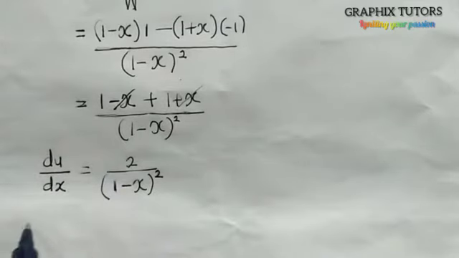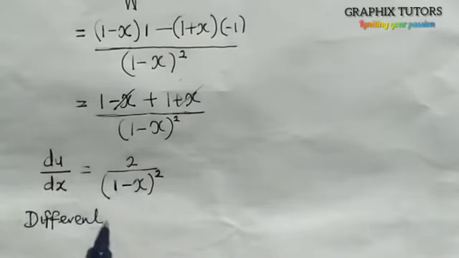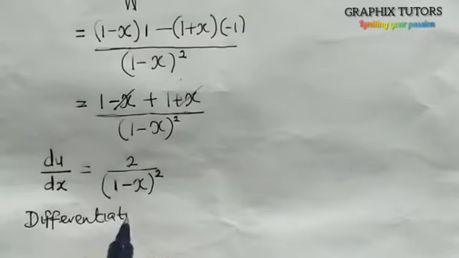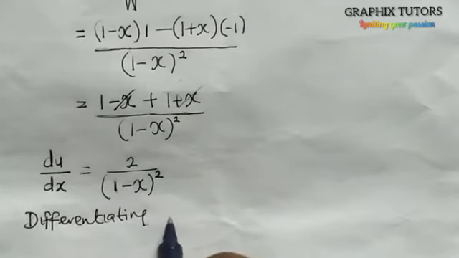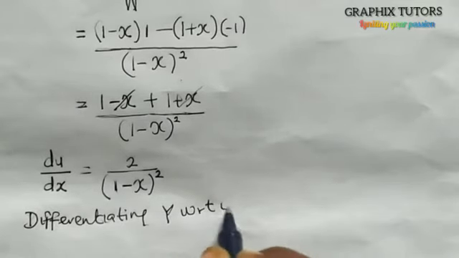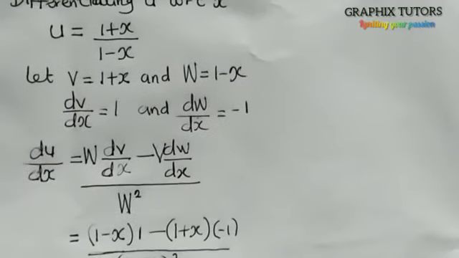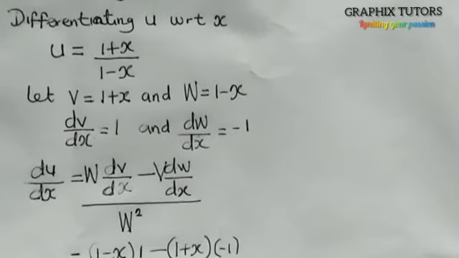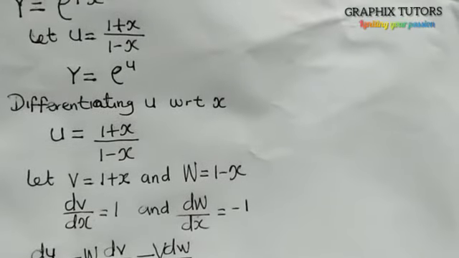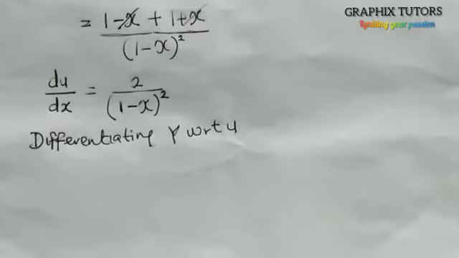Also, we'll be differentiating y with respect to u in this equation here. We've done this, and the next one is this again. So y is equal to e to the u, that is exponential u.